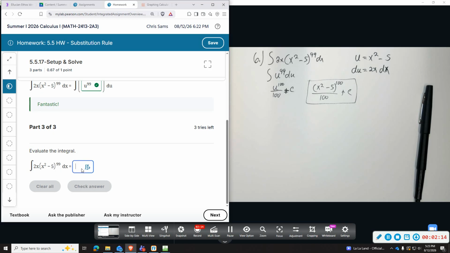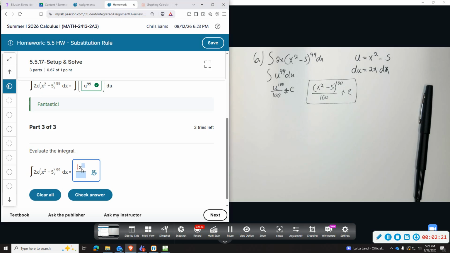And then evaluate the integral, so we'll have it in terms of x now. X squared minus 5 raised to the 100th power divided by 100 plus c.